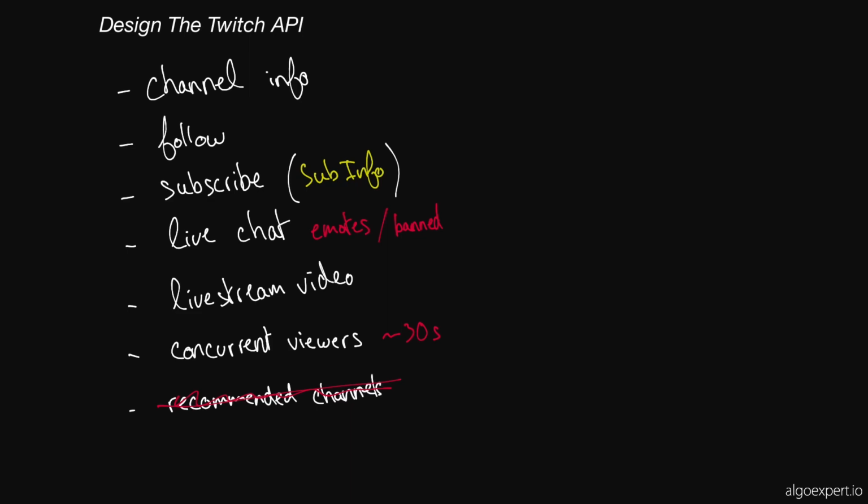One more question that I would have, if I were in an interview, would be about the video, because quite frankly, I'm not super familiar with how live videos work on the web, especially at scale and high quality.